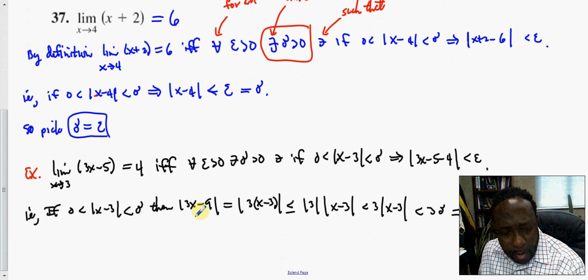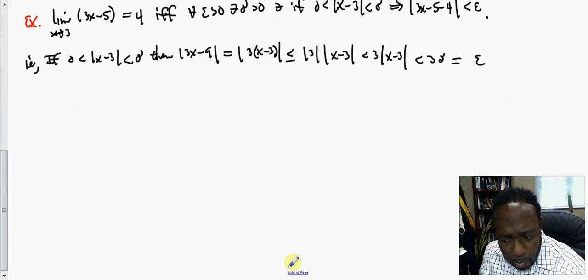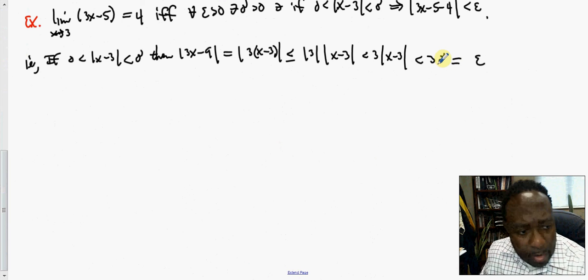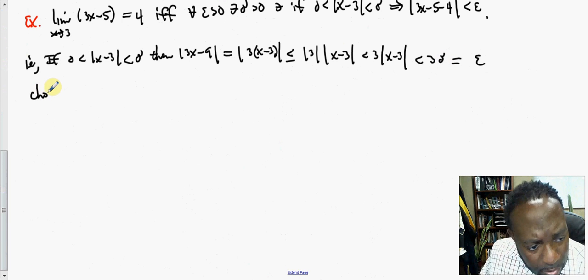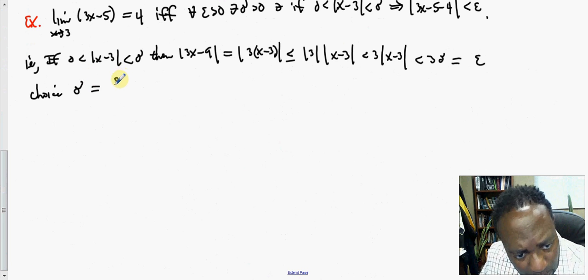Well, you wanted this quantity, the absolute value of 3x minus 9, to be less than epsilon. So we have a choice for delta, that delta is equal to epsilon divided by 3. So we choose delta to equal epsilon over 3.